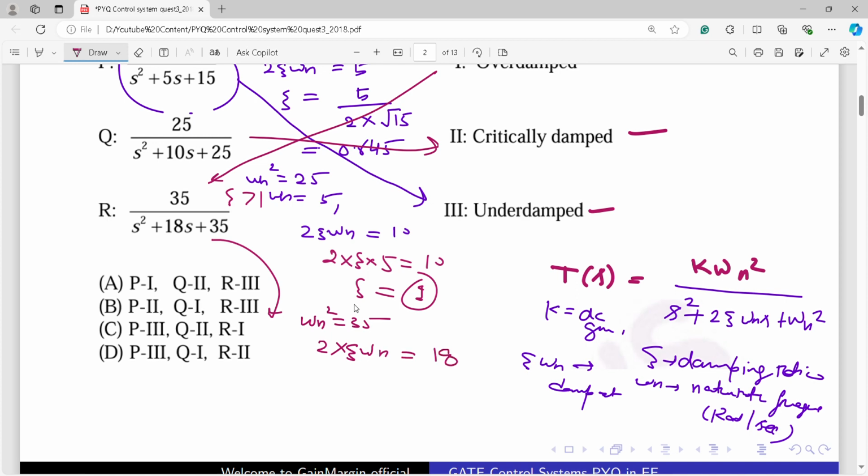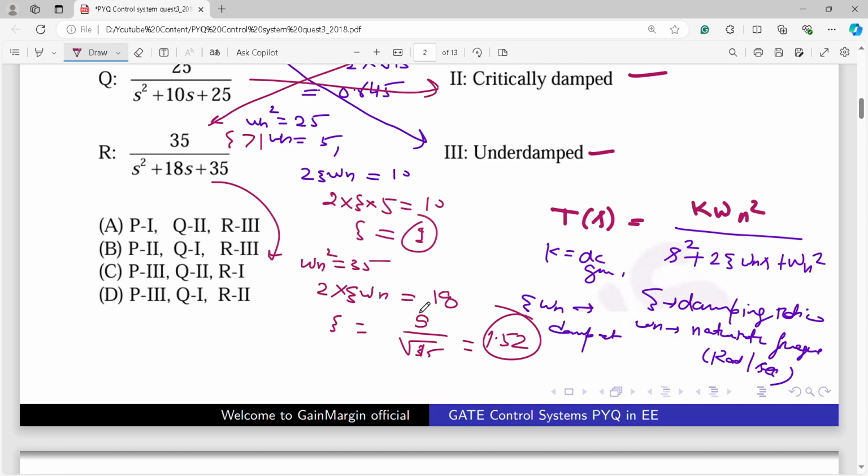So zeta is equal to 9 by under root 35, which comes out to 1.52.